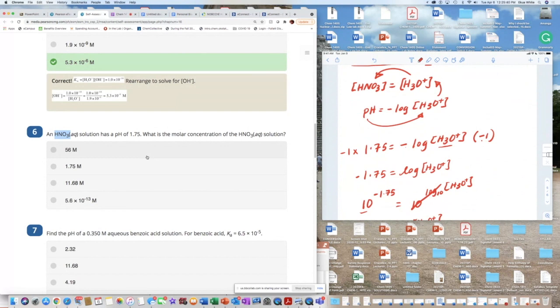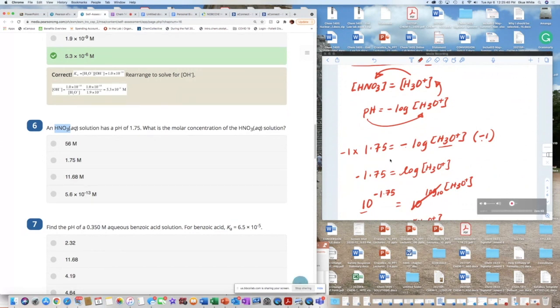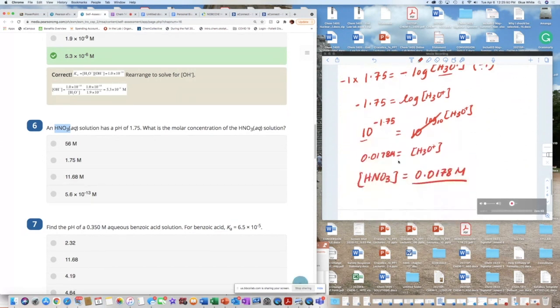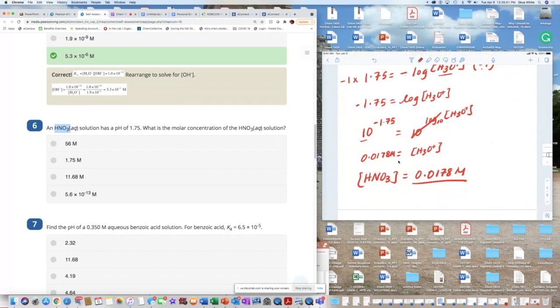It should be as simple as that. Huh. I am thinking they have a typo here, but let me see. Because I'm looking at this and saying, it's a pH. They didn't give us a pOH. And they just want the concentration of the solution. And I covered all my bases. But the number that looks the closest to my answer is this one here, right?